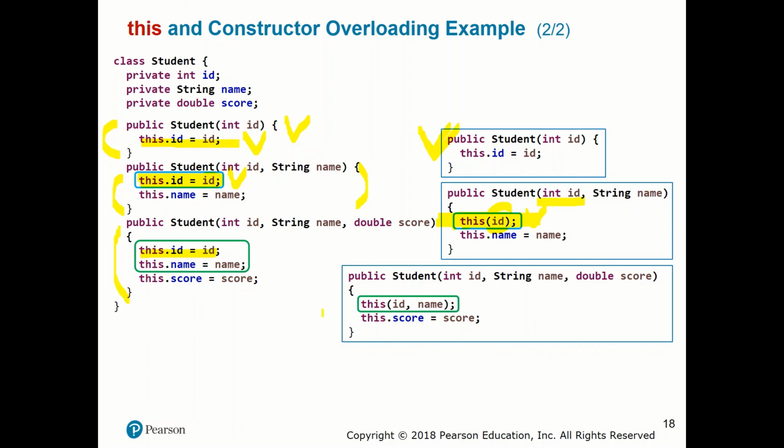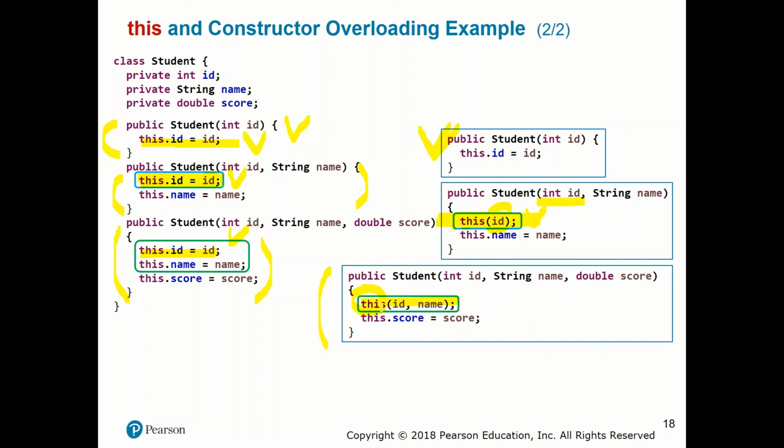Okay, and this is the third one. Originally, the third one looks like this, and I told you this green part is repeated from the second constructor. So in the third constructor, instead of these two lines, I can write like this. Then it means that at this line, call another constructor in the same class.